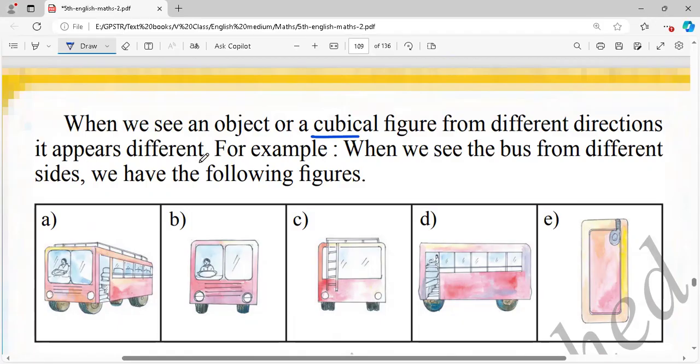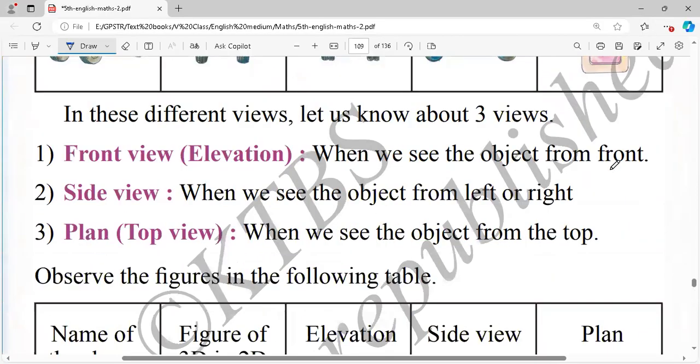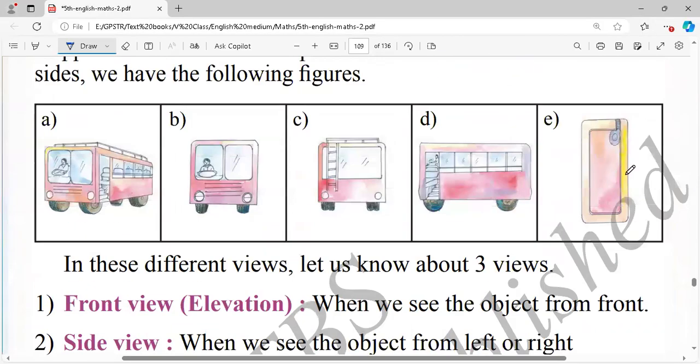When we see an object, a three-dimensional figure, from different directions, it appears different. For example, when we see a bus from different sides, we have the following figures. This is the front view, the bus seen from the front. This is the side view. This is the plan or top view.